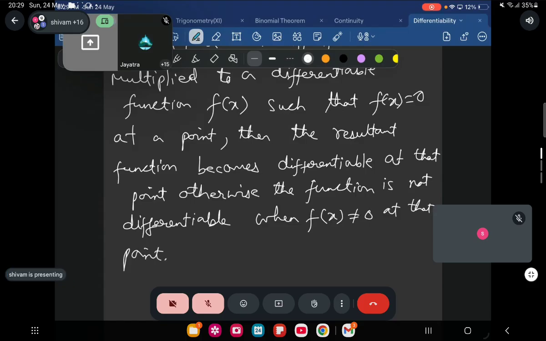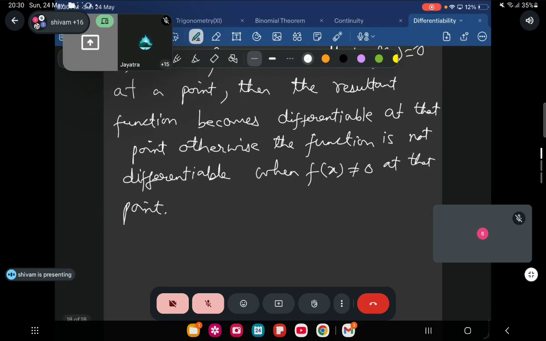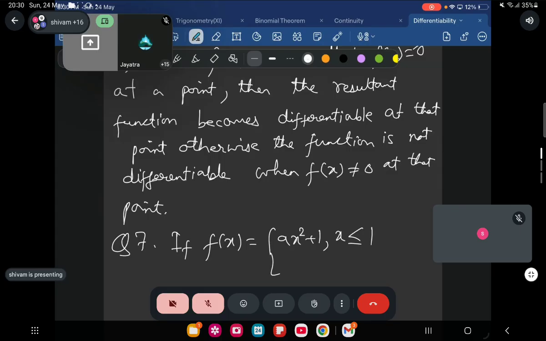Okay, so one last problem. Last problem, quickly solve. Question number 8. What is it? 7. We did only 7 problems. F of x equal to ax square plus 1 when x is less than or equal to 1, and x square plus ax plus b when x is greater than 1.